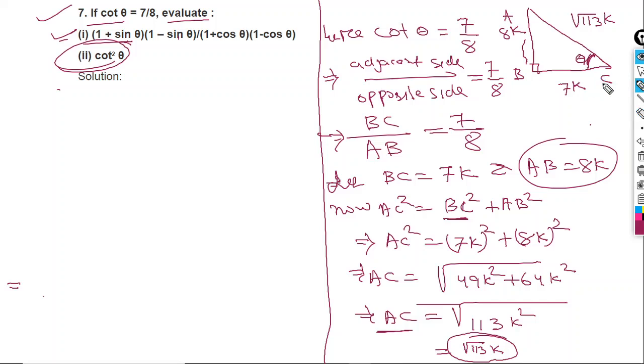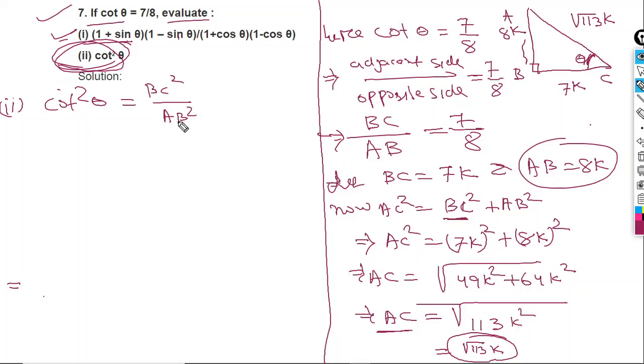Okay, so now we'll move to this second part, that is cot square theta. Now double I, cot square theta will be equal to, you know, cot theta first, then we can square it out. Cot theta is adjacent side divided by opposite side, so it will be equal to BC square divided by AB square.